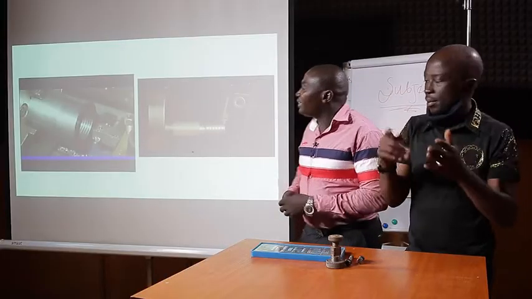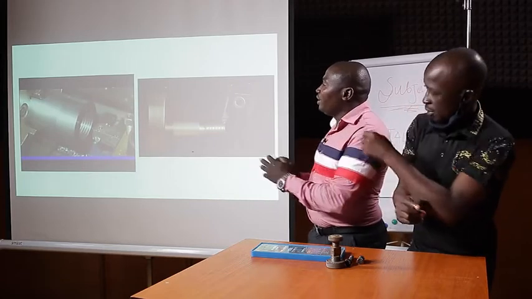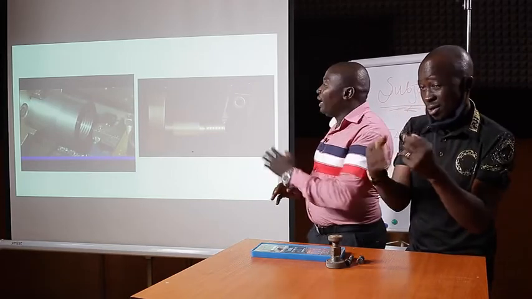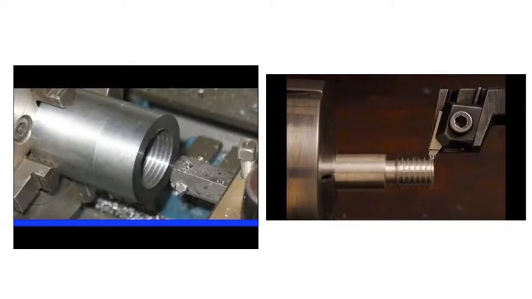Now, for the lathe machine, because we do not have a lathe machine here, but on the screen, you can see two different operations going on. By my left is a threading operation on the lathe. By my right is also an operation that is being done on the lathe.